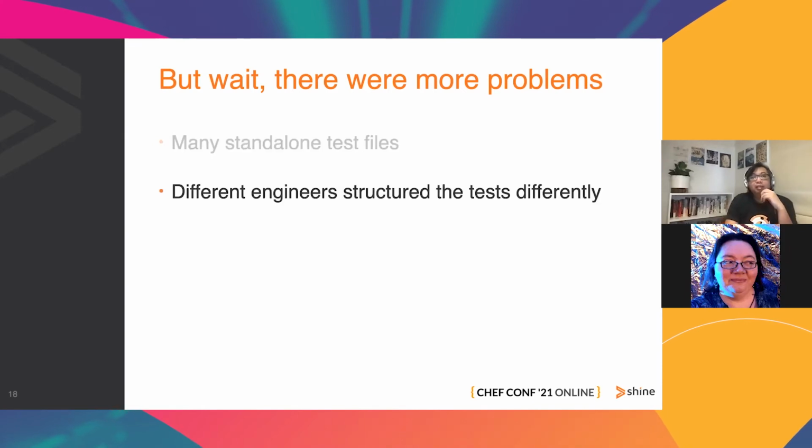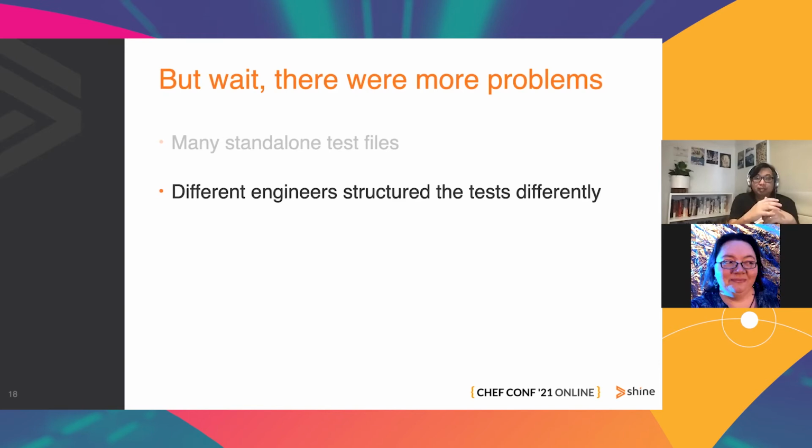And the next problem is that different engineers structured the tests differently. It is because the engineers started working against user stories or feature requests. So all the various checks were based on the scope of the requirements. If a requirement is small, suddenly the engineer ended up with a smaller test file covering just the parts that were implemented.